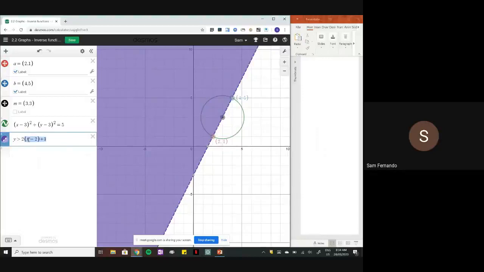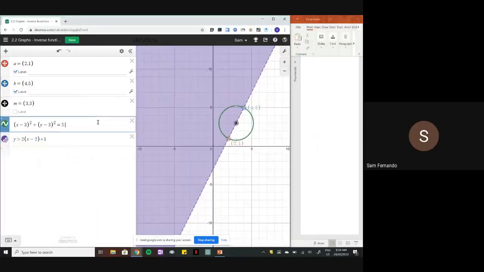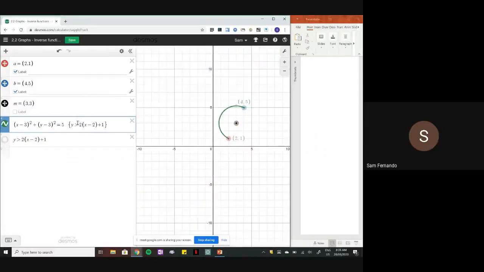So we can actually put this here as the domain of our function, because we only want y values that are greater than this line here. I'll turn it back to equality. That are greater than that line there, which is exactly what we want. So that's pretty cool, I think. We now have a lovely arc between 2 points.